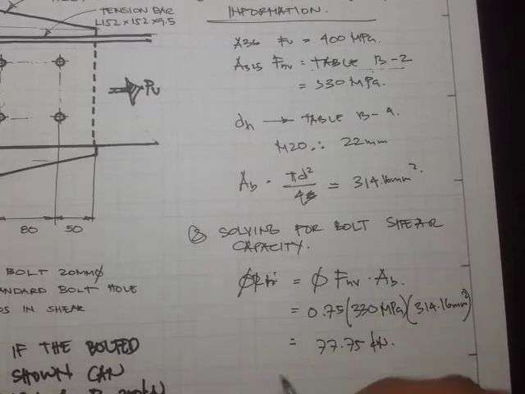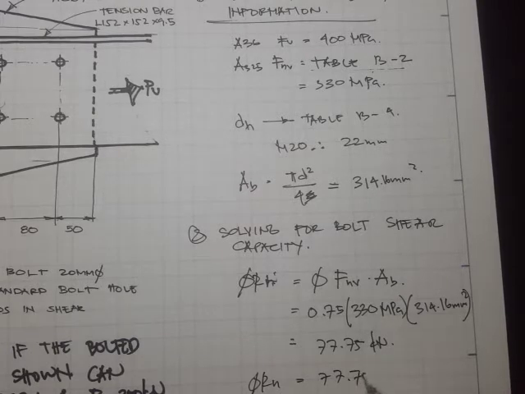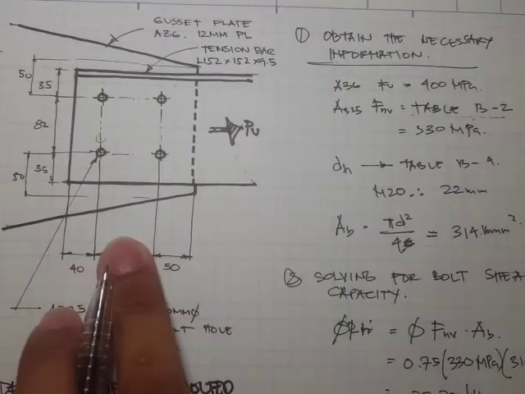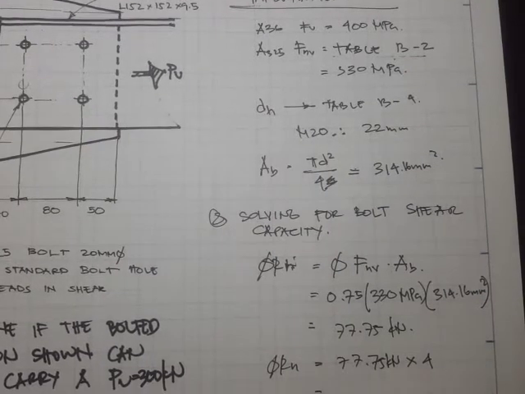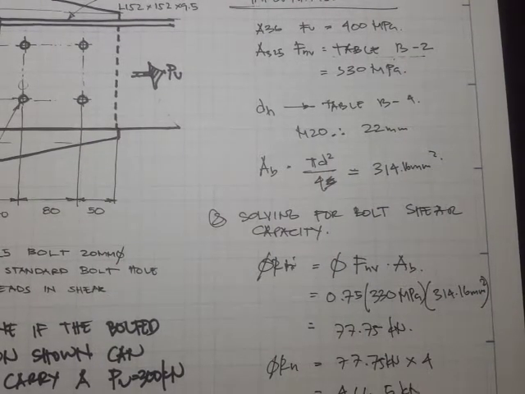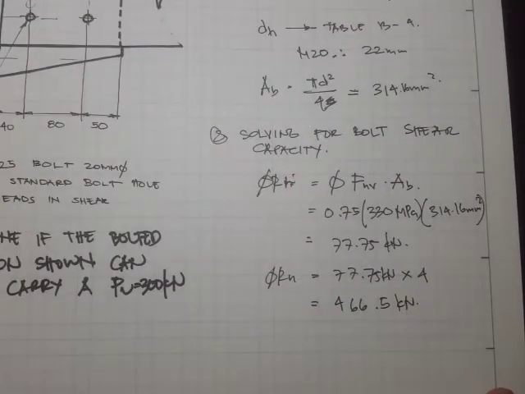Now for 4 bolts, we have phi Rn is just 77.75 kilonewtons times 4, since we have 4 bolts. So we get here 466.5 kilonewtons.